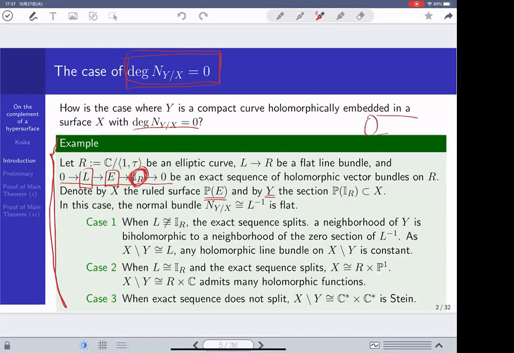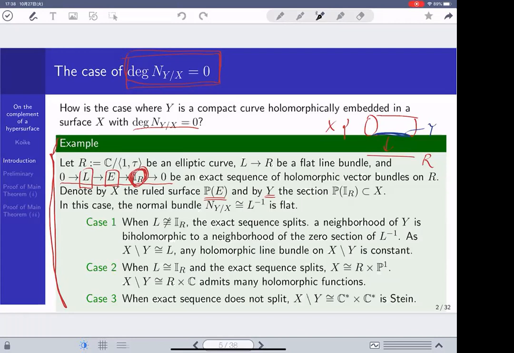So X is a ruled surface over R, and Y is a section. Case 1 is the case where L is not holomorphically trivial. In this case, the exact sequence automatically splits.